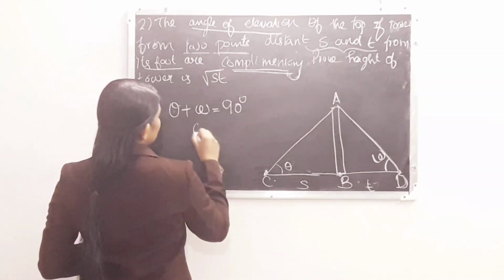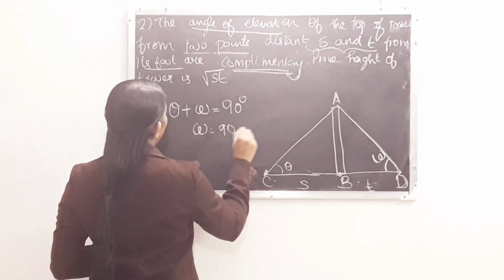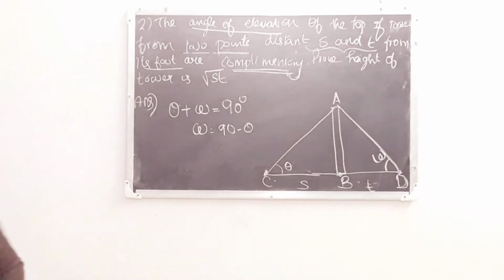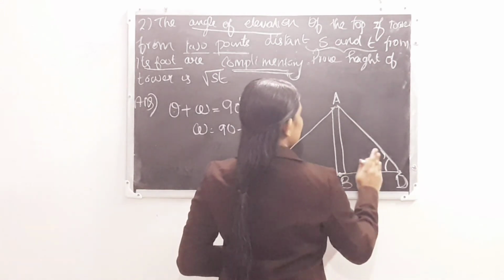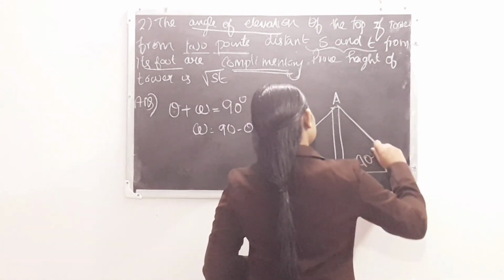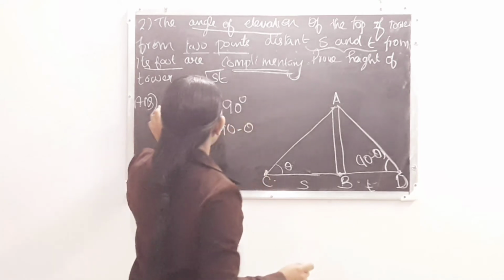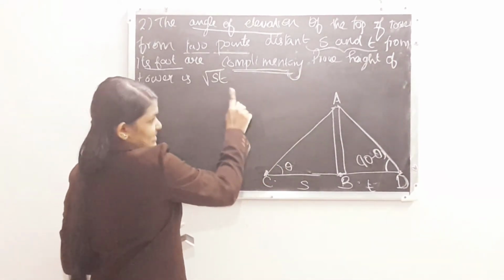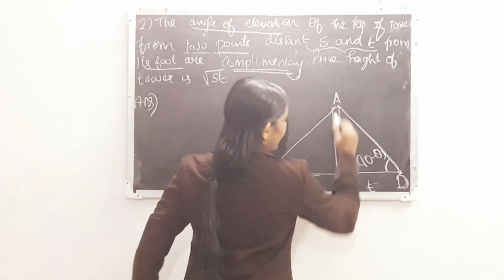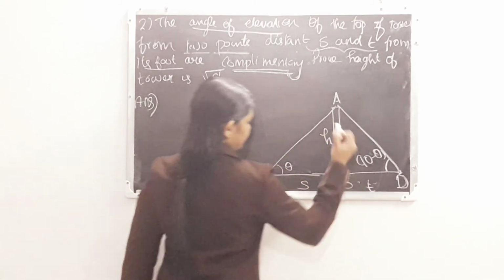So we can write this omega as 90 minus theta. Now we are asked to prove that the height of the tower is root ST. So let us assume that the height of the tower is h.